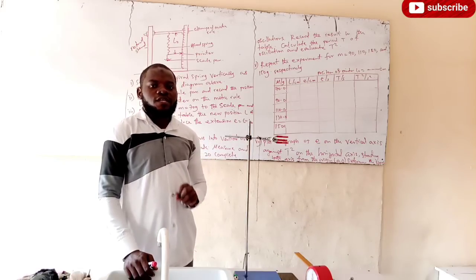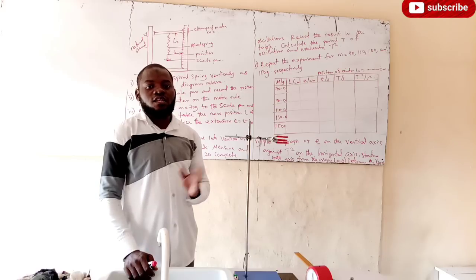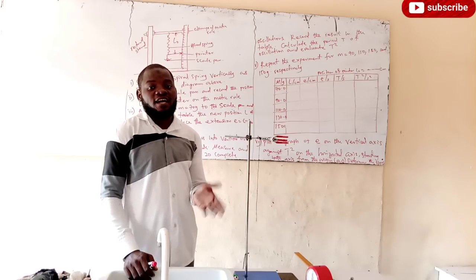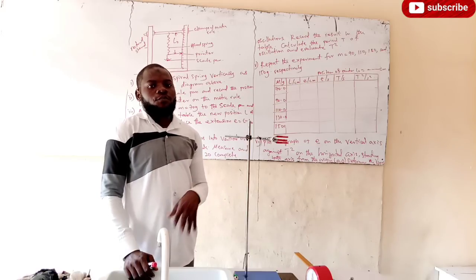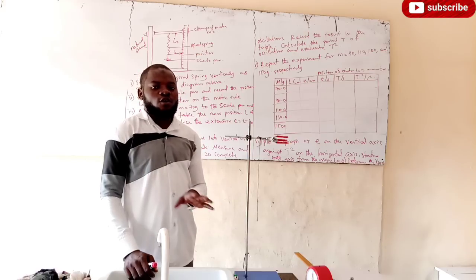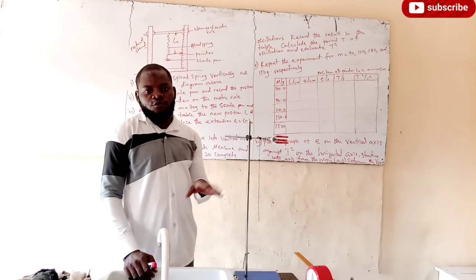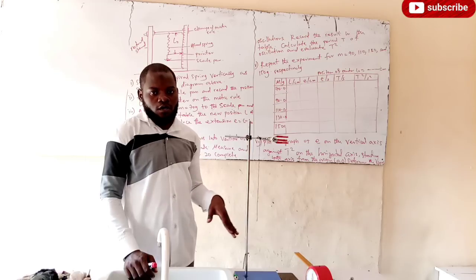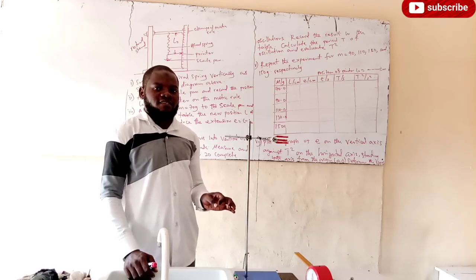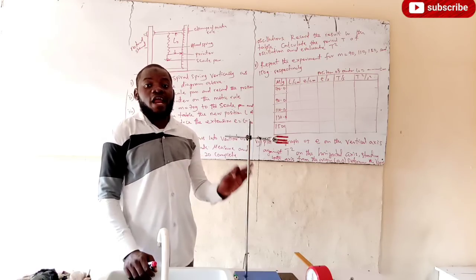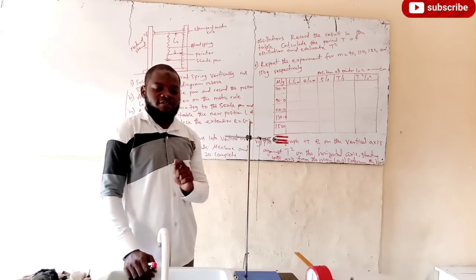Now, examiners have no time to go to the lab to carry out the experiments after you've done it. But they have certain things that they always use to cross-check if your reading is right or wrong. Aside from the fact that they know how the graph should look, that's number one.